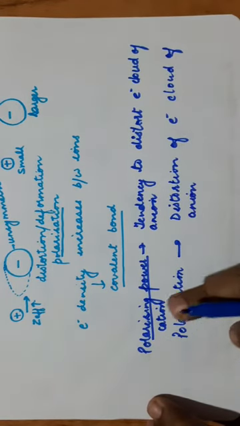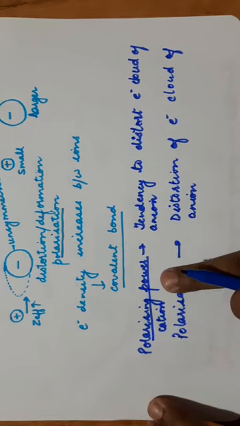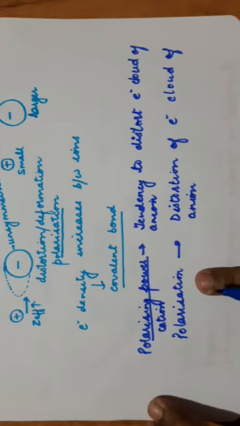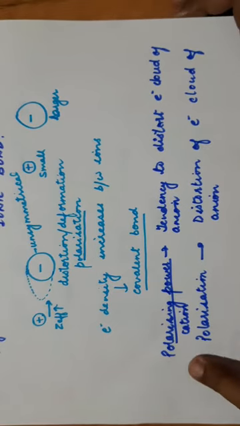So for a cation we say its polarizing power, how much its polarizing power is, and for an anion we say polarization, how much it can be polarized by the cation. The greater the polarizing power or the greater the polarization, the greater the covalent character in the ionic bond. So these are the two terms. We will speak about the polarizing power of a cation and the polarization of an anion.